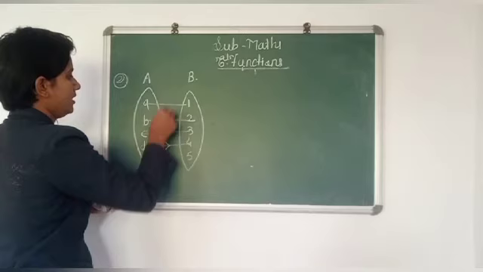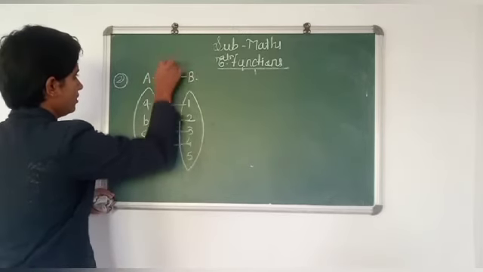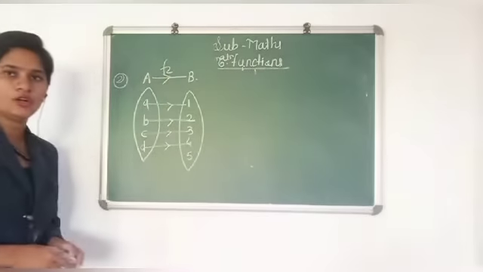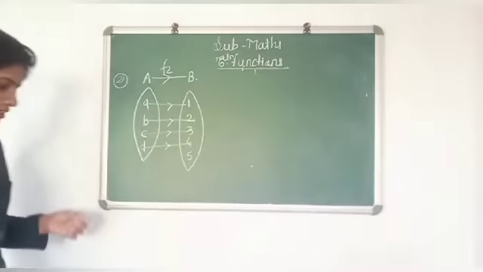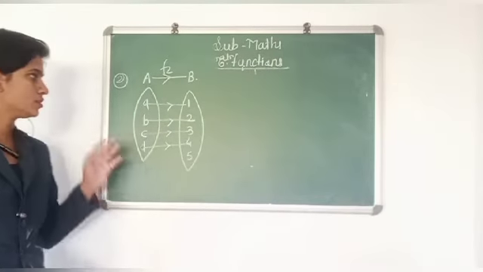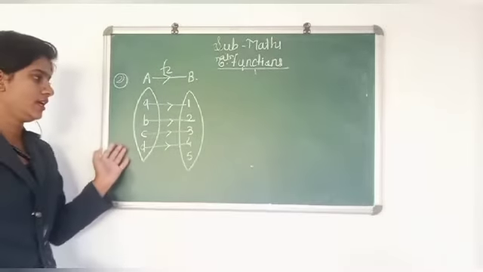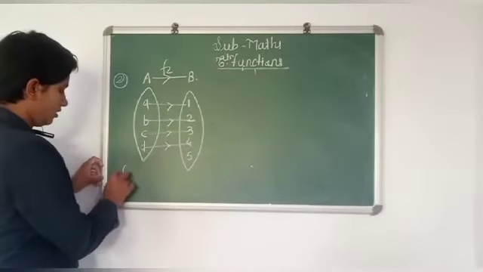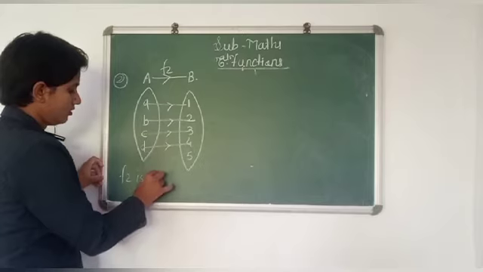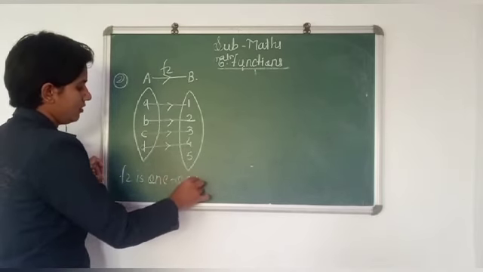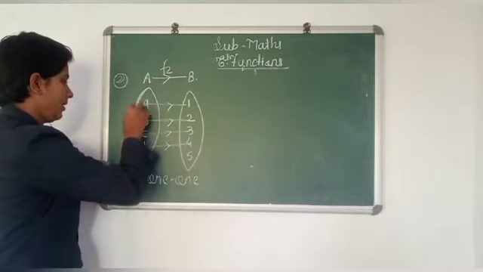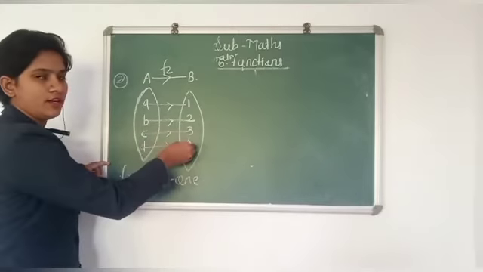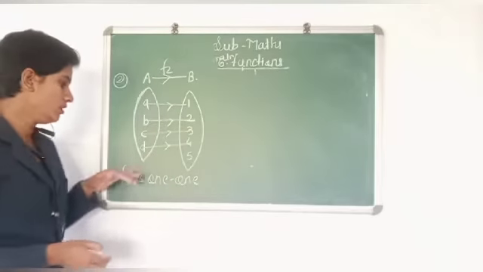To identify whether F2 is one-one or onto, using the definition of a one-one function, every different element of set A has a different image in B. So F2 is a one-one function.